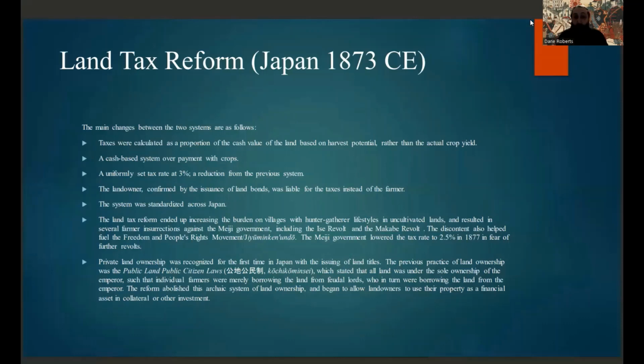And this reform abolished the archaic system of land ownership and began to allow landowners to use their property as financial assets and collateral or other investments.